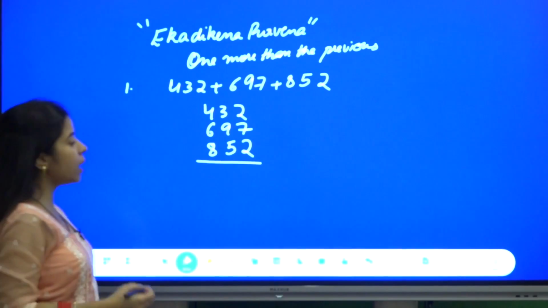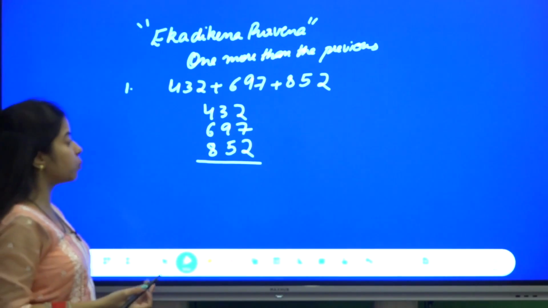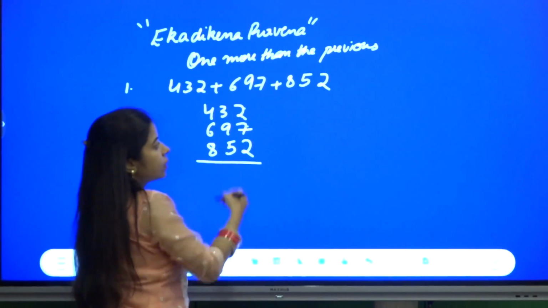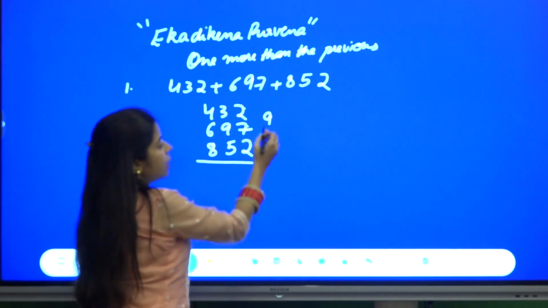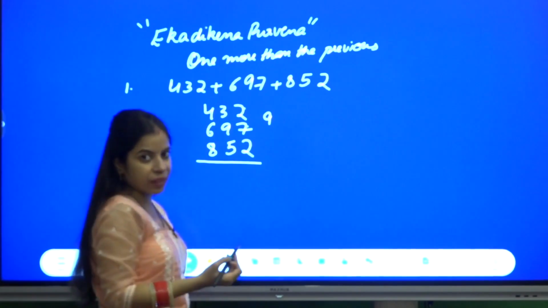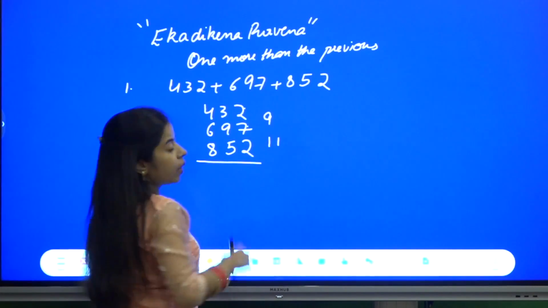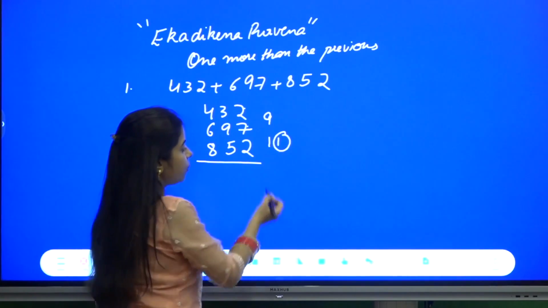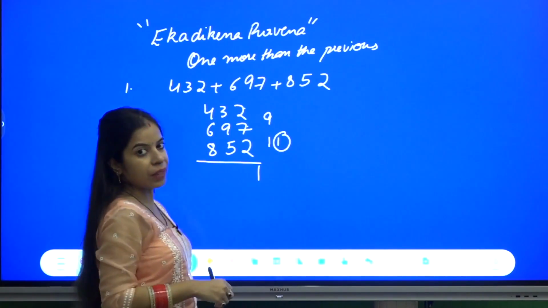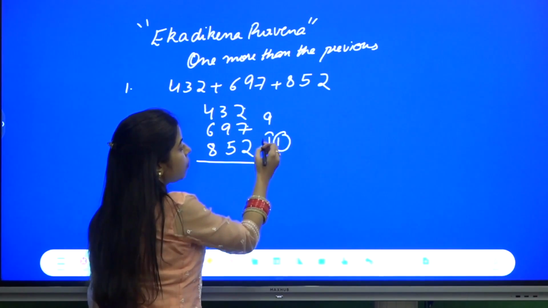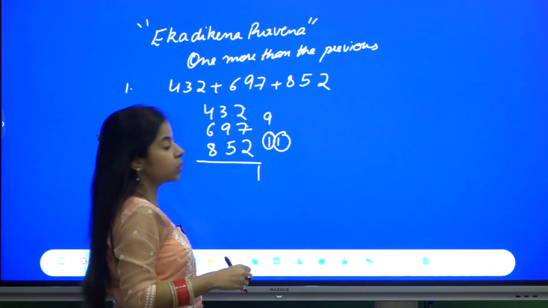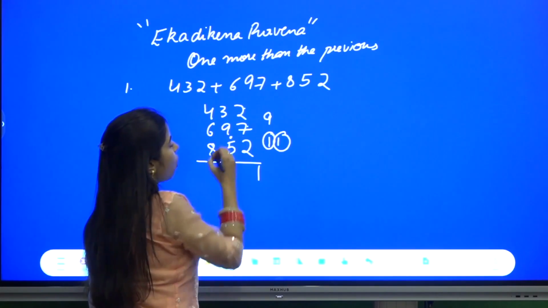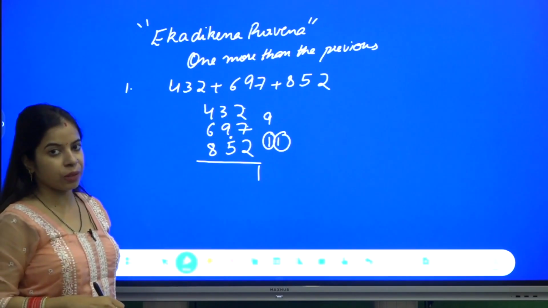Next, we are going to consider the rightmost column. See, 2 plus 7 is 9. 9 plus 2 is 11. So, here we are going to consider the unit place and we are going to write this here, and the number in the tens place, which is 1, that will be written in the form of a dot above 5.